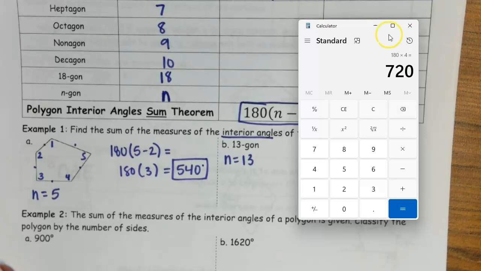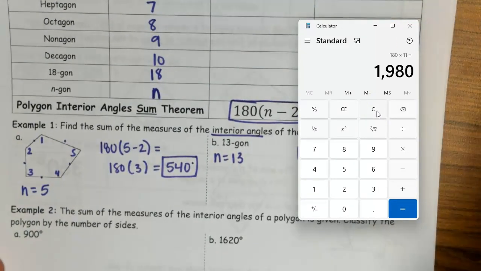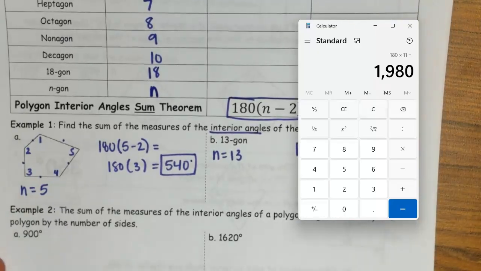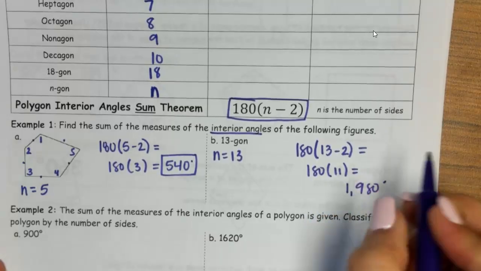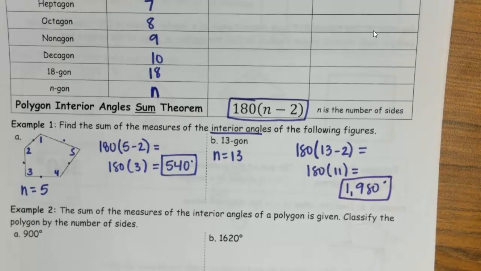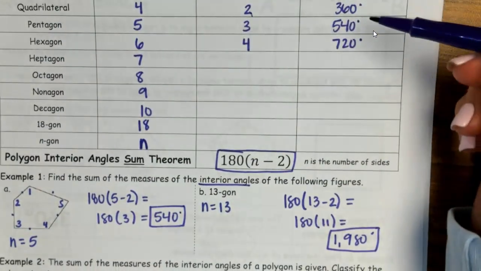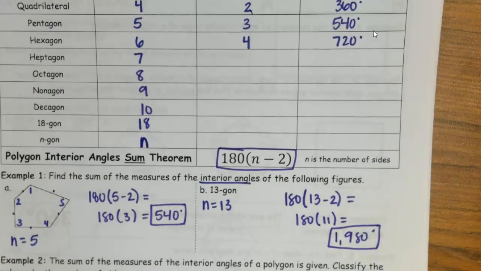Okay, let me pull up the calculator. So 180 times 11. The sum of those angles is 1,980 degrees. Okay, remember we're adding up angles, so angles are measured in degrees. Again, guys, as the number of sides keeps increasing, so does the sum of the interior angles, right? It's okay if you have a very large sum. That's totally fine.